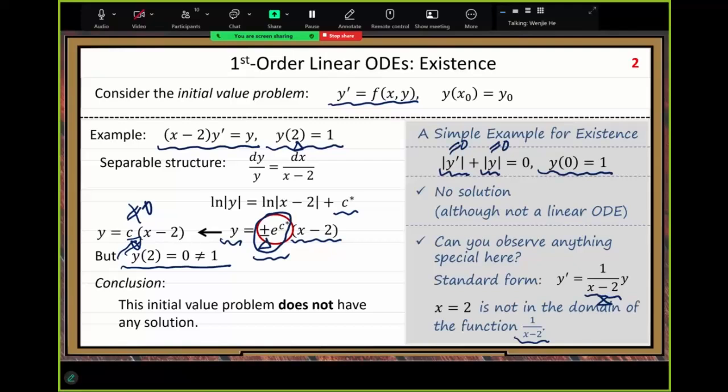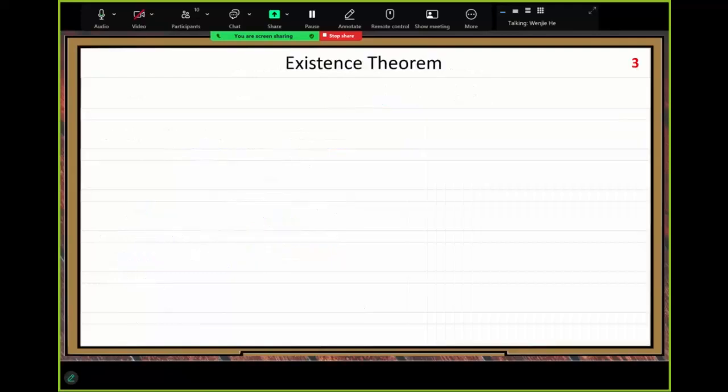But from this example, we want to further get this existence theorem. Here in our class, we will not prove it, because this course is not for math majors.